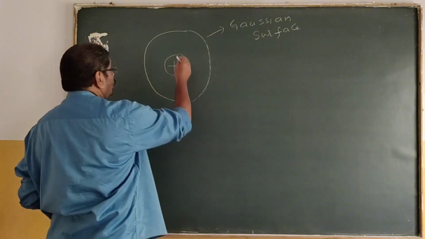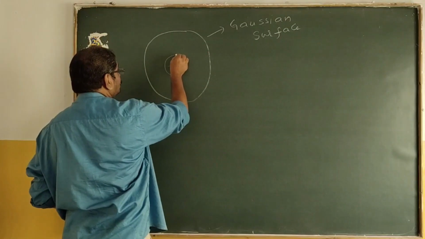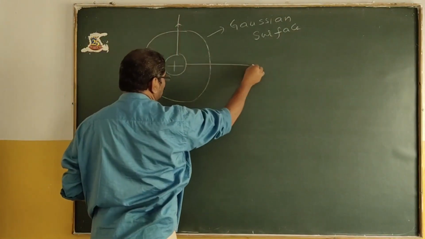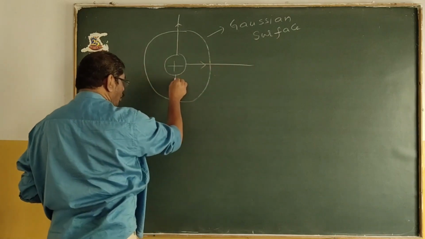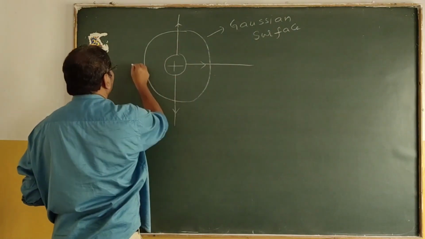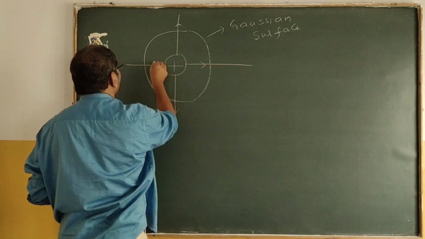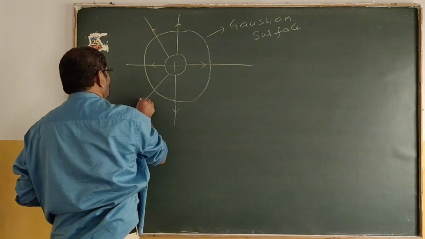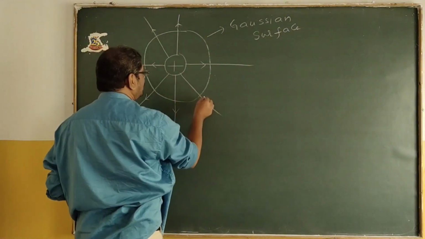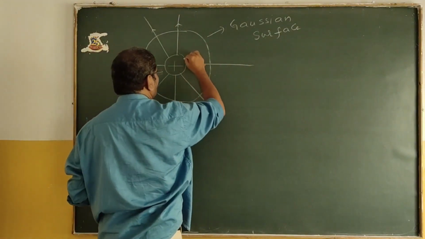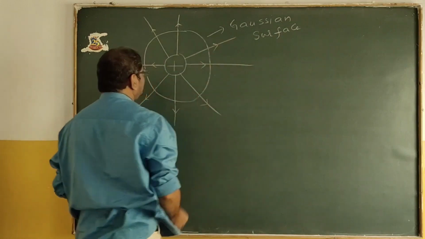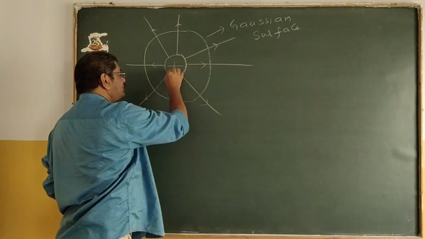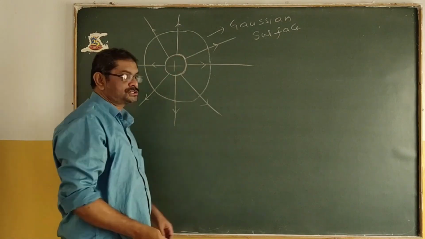Now what is the meaning of that? All the electric lines of force will always be radially outwards. Remember this very important concept.